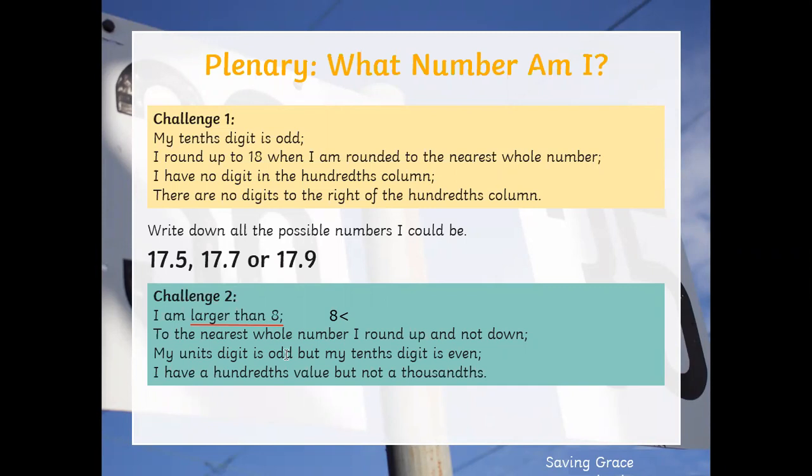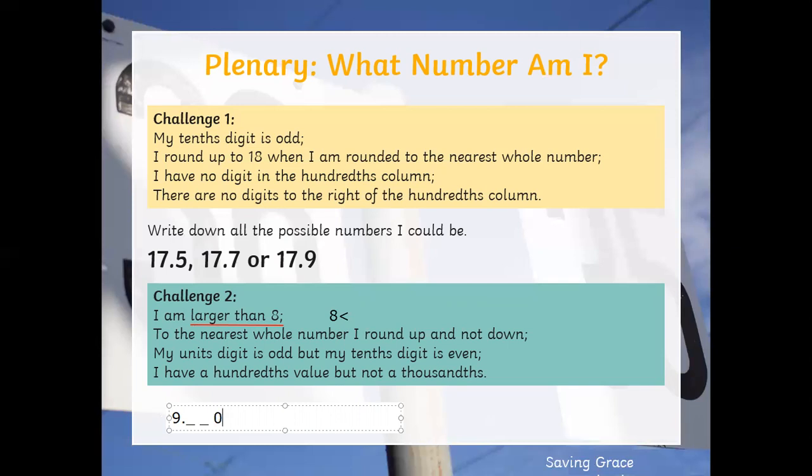My units digit is odd, but my tenths digit is even. Okay, so if it's an odd number, we can try 9. I have a hundredths value, but not a thousandths. So we don't know the tenths digit and we don't know the hundredths digit. But we do know that the next digit is 0.